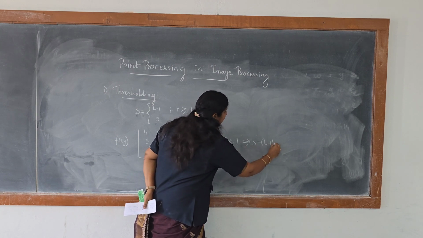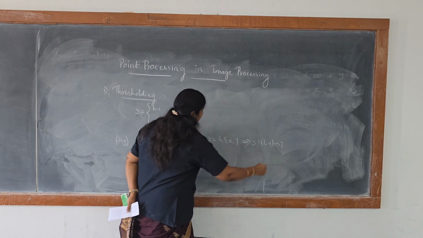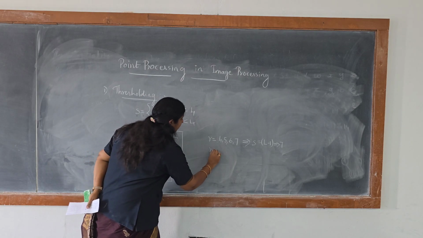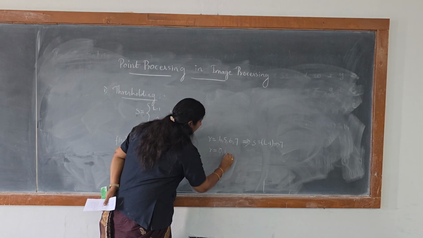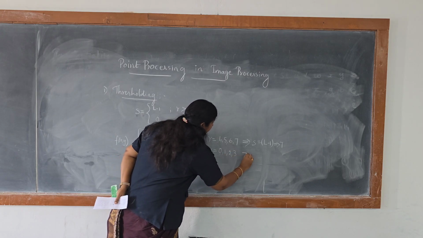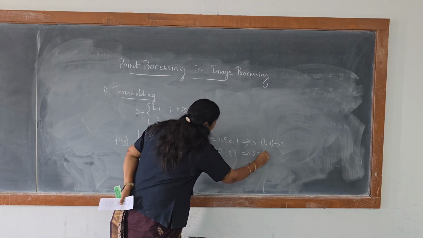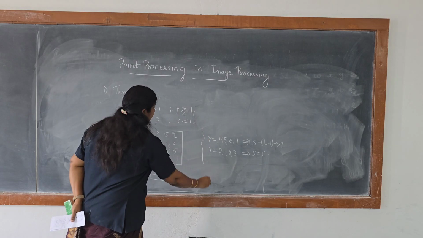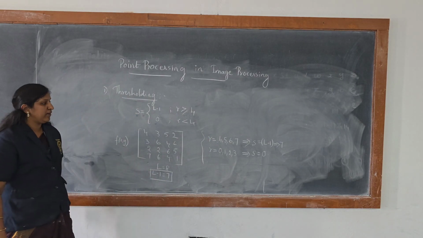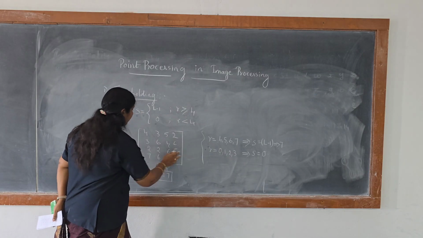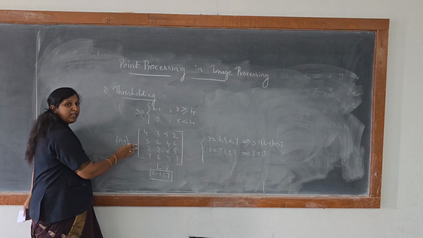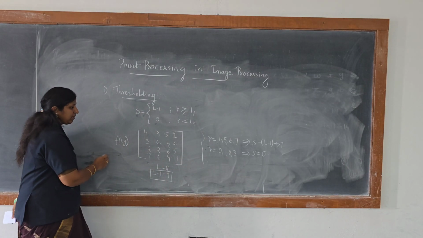In this example, the S value is 7. Otherwise, if R is less than 4, that is 0, 1, 2, 3, then the S value will become 0. So this is the simple relation for thresholding. Based on this relation, we can generate the output image g of x comma y.